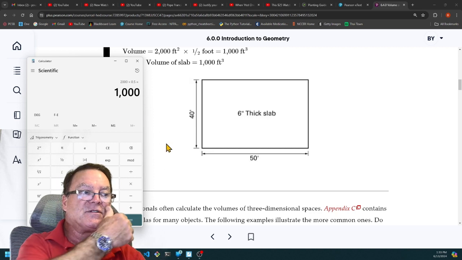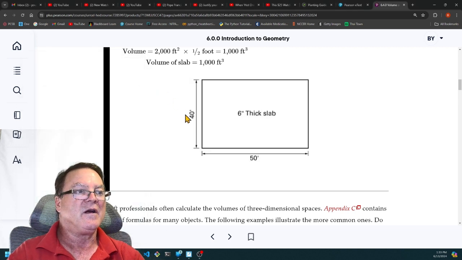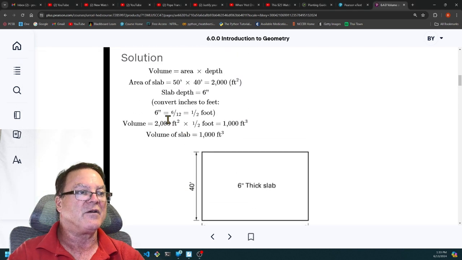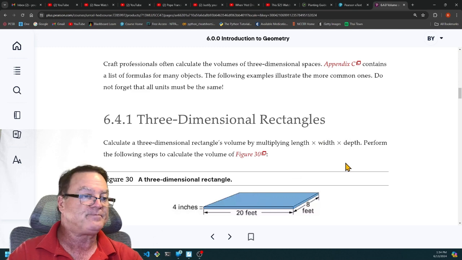So we need 1,000 cubic feet of concrete. Oh, that's what they did here. They took 50 times 40 equals 2,000. Convert 6 inches to feet, so it's a half a foot. 2,000 square feet times a half a foot equals 1,000 cubic feet. So we need 1,000 cubic feet of concrete for that slab.